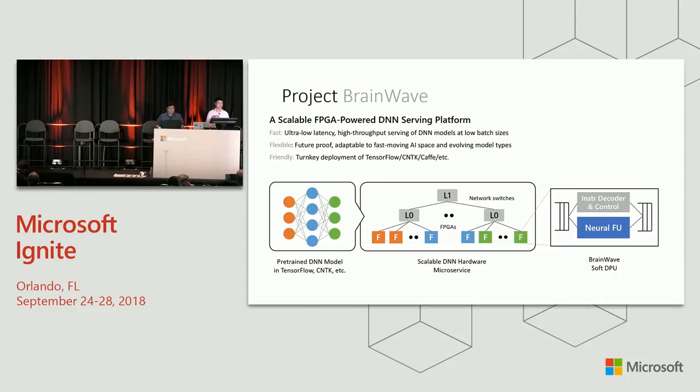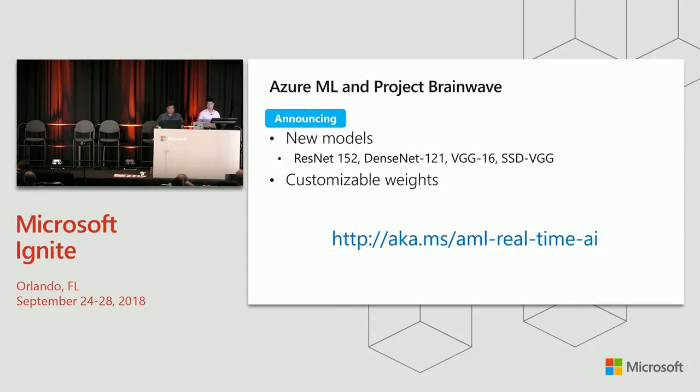And then today, in terms of what we do in Bing, what's available on the public cloud is the ability to deploy TensorFlow models. But basically, the idea is taking those pre-trained models, scaling them out onto the cluster of FPGAs, and then running them on that.